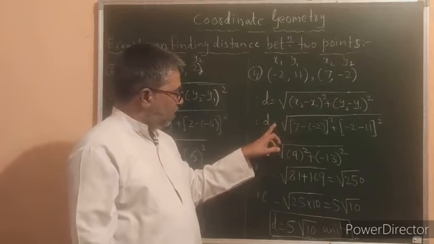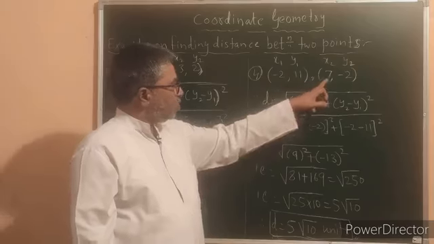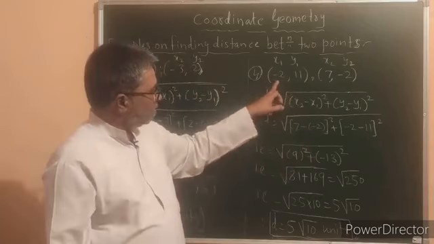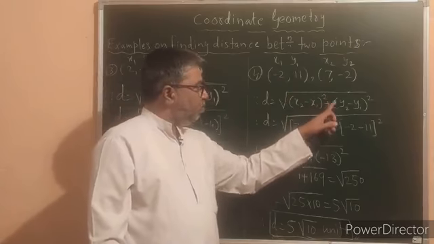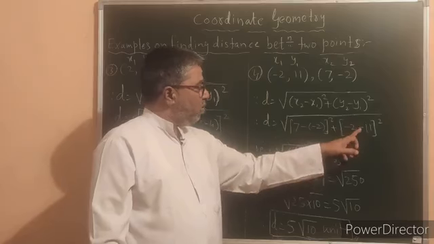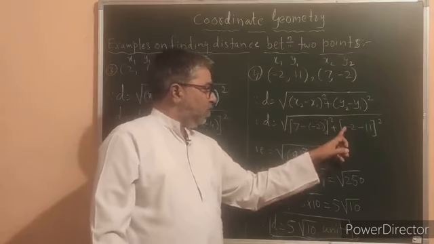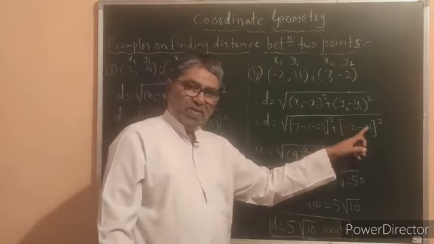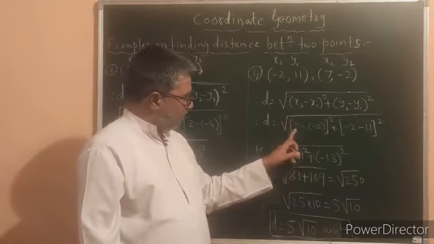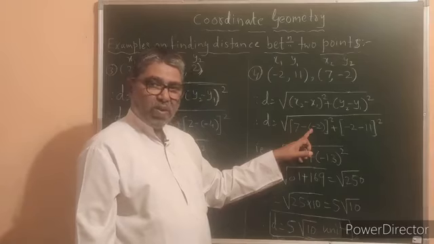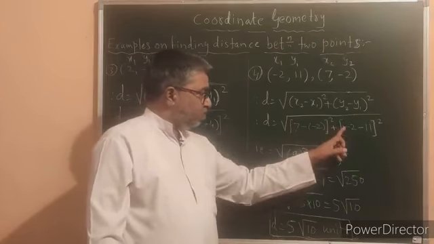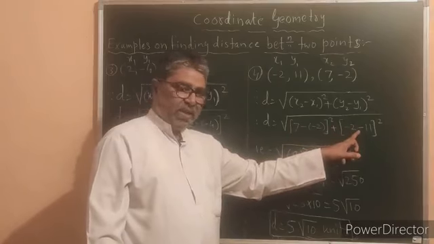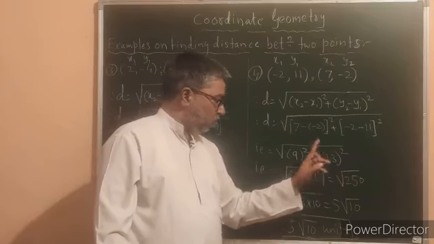Substitute the values. d is equal to square root of x2 is 7 minus x1 is minus 2, (7 minus of minus 2) whole square plus y2 is minus 2 minus y1 is 11. So that is (minus 2 minus 11) whole square. Now 7 minus of minus will become plus. 7 plus 2 is 9, 9 square plus (minus 2 minus 11 is minus 13), (minus 13) whole square.